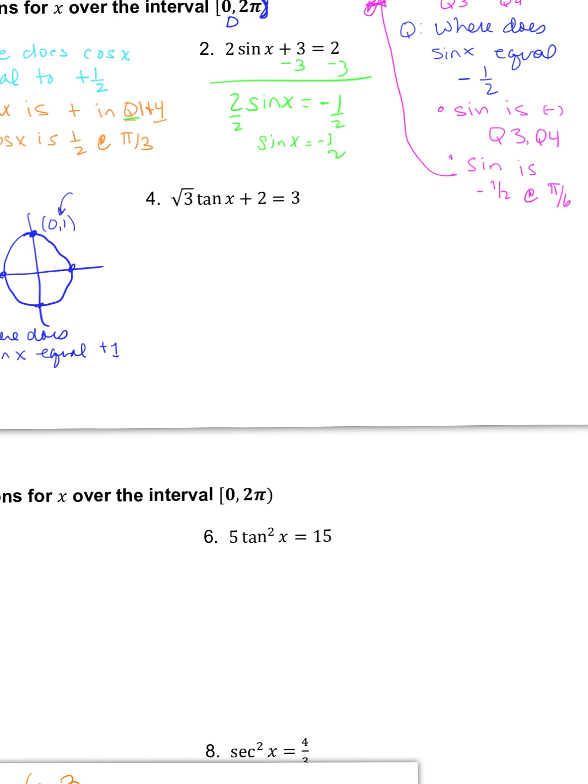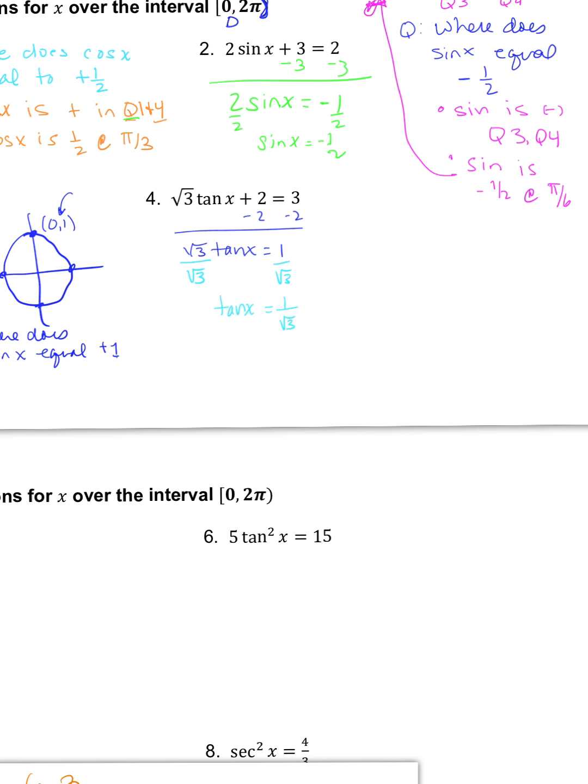Number 4. What we're going to do is subtract 2 from both sides. Square root of 3 tangent x equals 1. Divide by the square root of 3. Again, just treat it like any other equation. So now we have tan x equals 1 over the square root of 3.